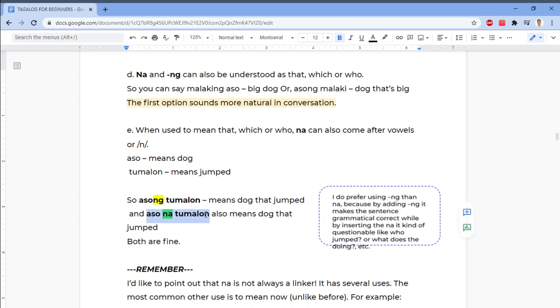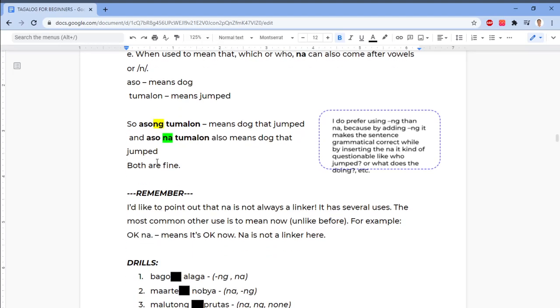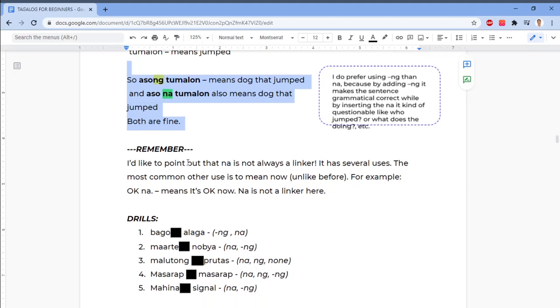But it's much better if you only use the suffix ng, because you want to describe what the dog is doing. I just recommend this, based on the handout I gathered and my perspective as a Filipino.